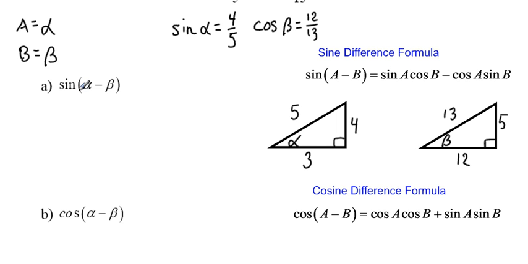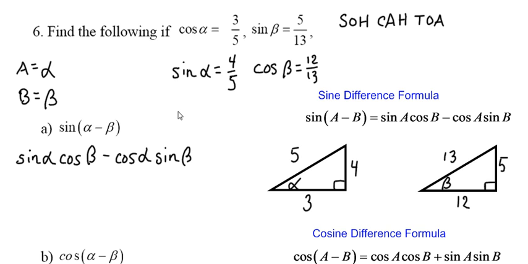So that means the sine of alpha minus beta will be the sine of alpha times the cosine of beta minus the cosine of alpha times the sine of beta. And all of these ratios we have up here. So let's go ahead and substitute in.